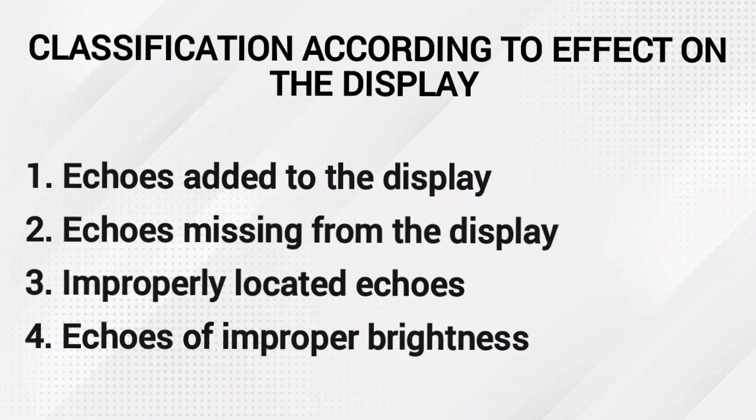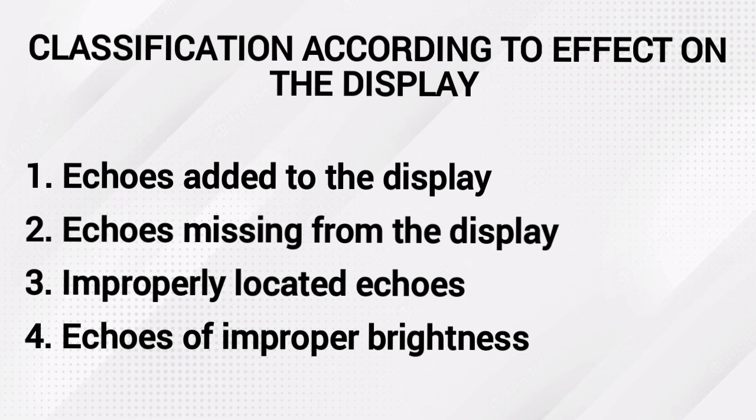In some cases, echoes are added to the display. These are echoes that do not represent an actual interface in the scanned structure. They are not real anatomy, but they appear there because those assumptions were not met.